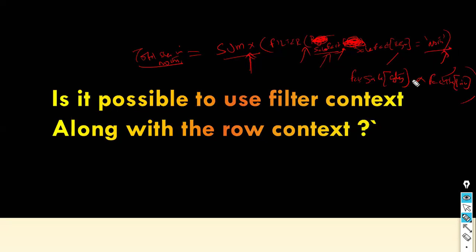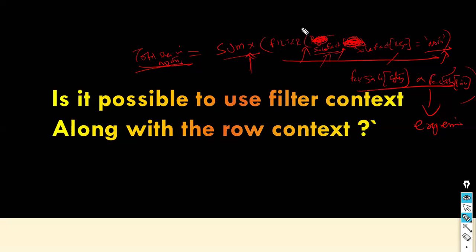Only for the north region, you take the product of quantity by price and give me the total sales in north region. This is called your expression. And here, this is your filter condition.